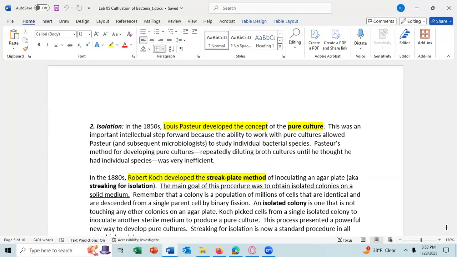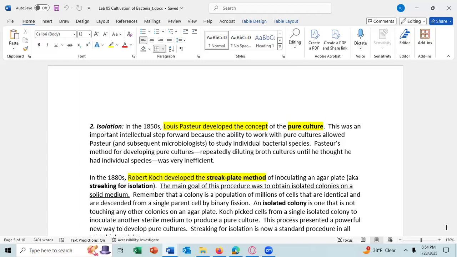How Louis Pasteur got his pure species was he took his liquid culture of bacteria and made several different dilutions of that bacteria. And then each dilution, he replica plated it, meaning he grew each dilution in 10 separate media tubes.